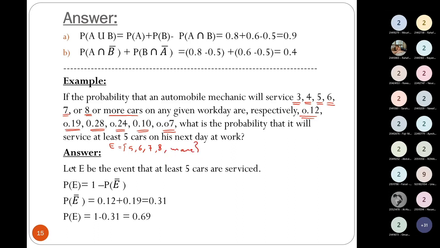So the probability of E equals service 5, 0.28, plus service 6, 0.24, plus service 7, 0.1, plus 8.